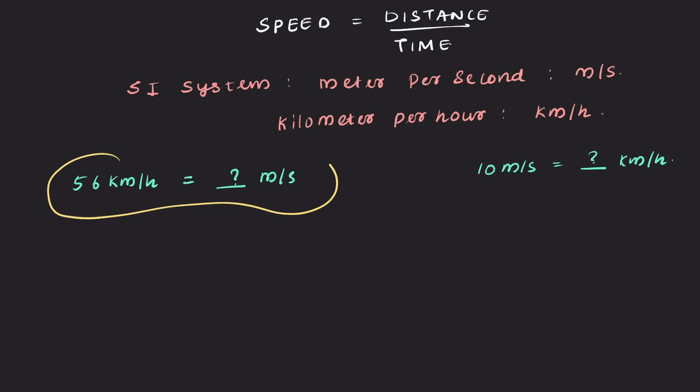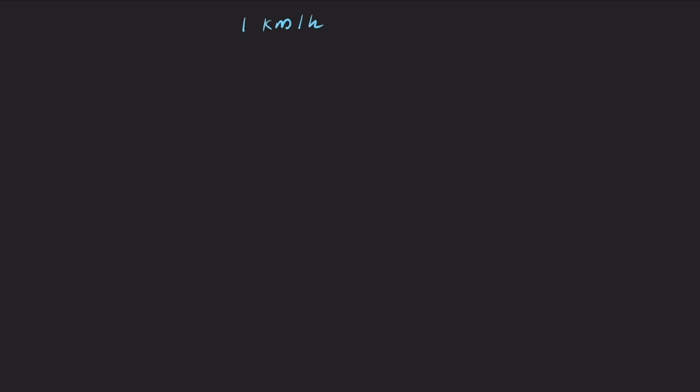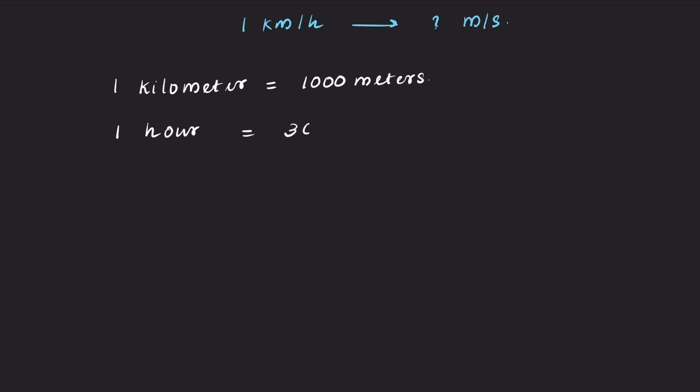Let's start with the first conversion, 1 kilometer per hour to meter per second. Remember, speed is derived from distance and time. So we convert the distance first. 1 kilometer is equal to 1000 meters. Then we convert the time. 1 hour is equal to 3600 seconds. How? Because 1 hour is 60 minutes and each minute is 60 seconds.